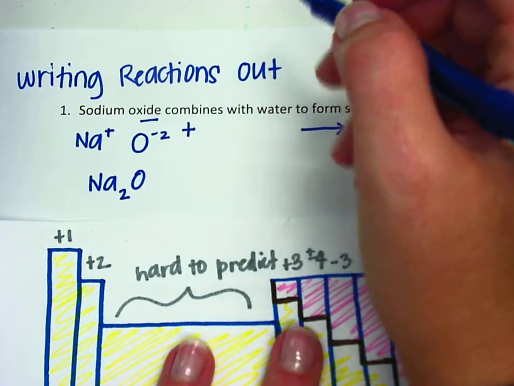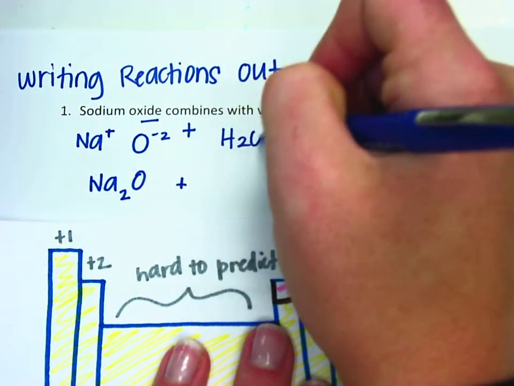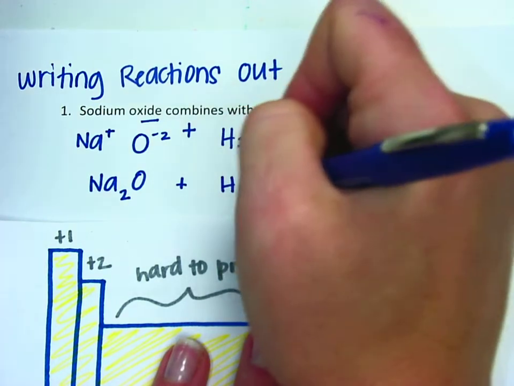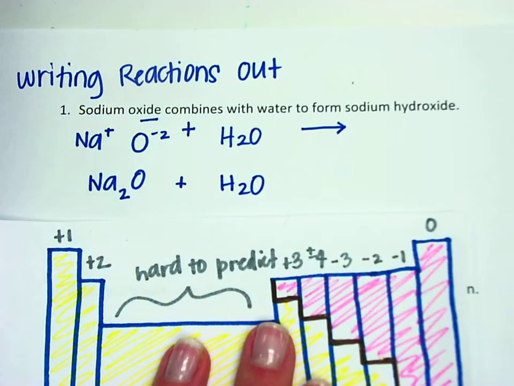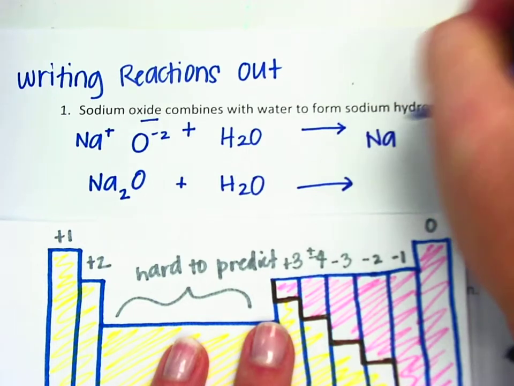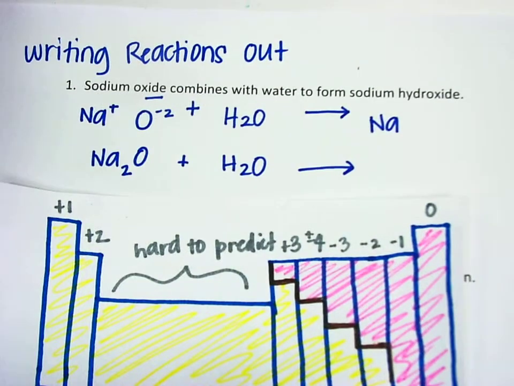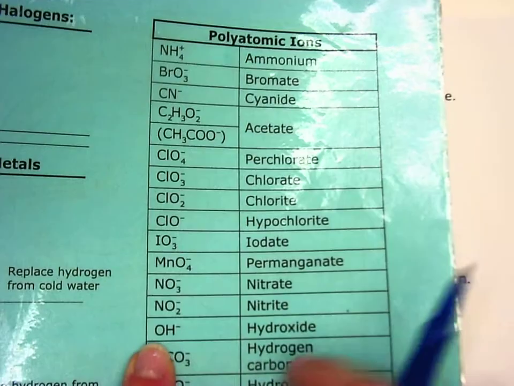So that's that one. Then I have water. You should know that water is H2O. So no crisscrossing involved there, because you should know that one. And then the last one, we're making sodium hydroxide. So sodium will be the same. Hydroxide is telling us we have a polyatomic ion. So we're going to go to our polyatomic ions list.